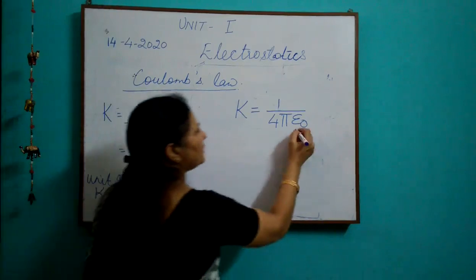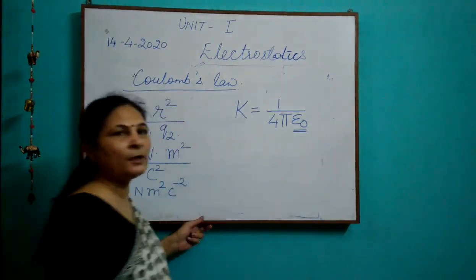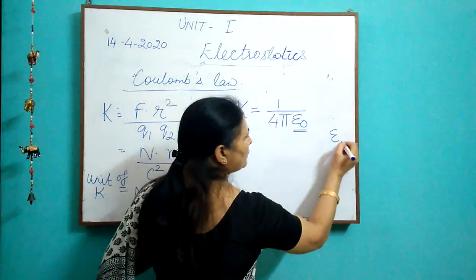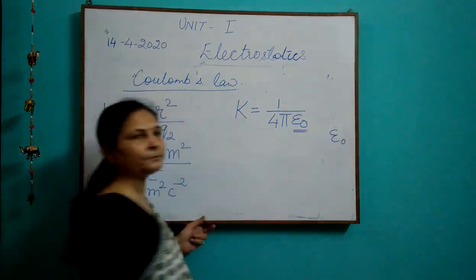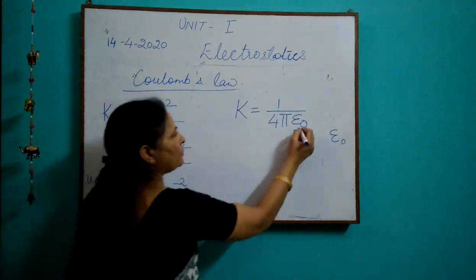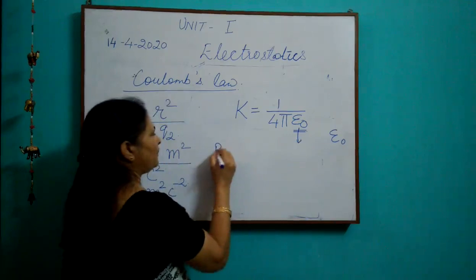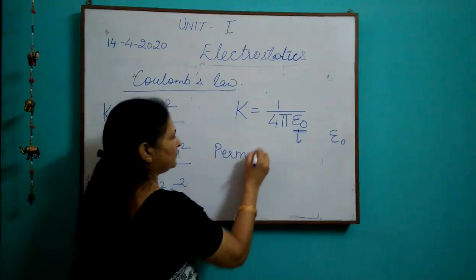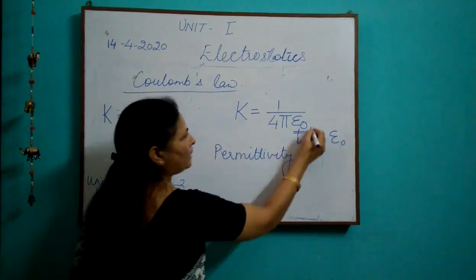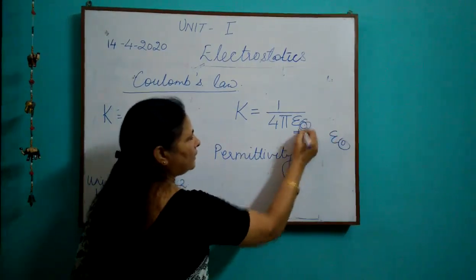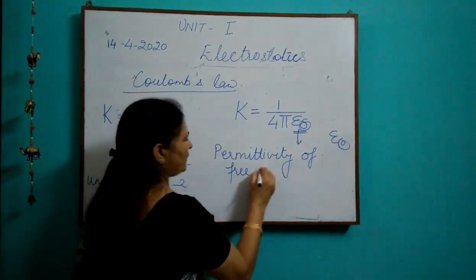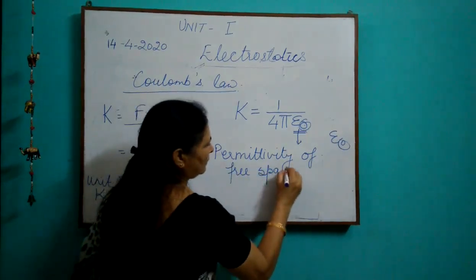This is known as epsilon naught, and you denote it by making a curved E with a naught. This epsilon naught is known as permittivity, and with the naught it means permittivity of free space.